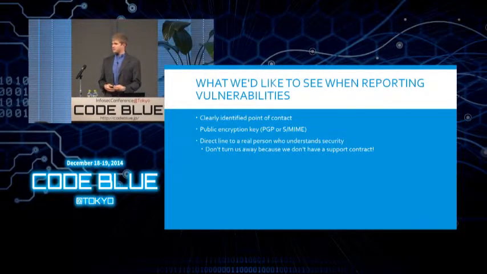This has not happened to us in real life, but in exercises, we've simulated possible breaches of our website. Well, how do you get the message to your customers about the truth and how to recover if your website can't be trusted? You can't post anything on your website because they won't trust it. But if you have a public encryption key, they will know that anything signed with that key is likely trustworthy, as long as you've established that the key itself is secured. It's not a 100% solution.